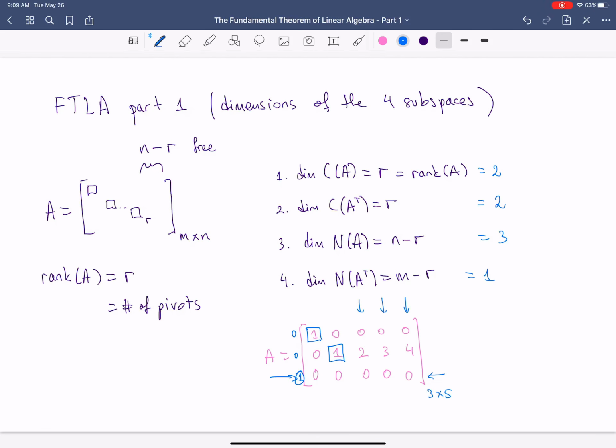So what I'm trying to say here is, don't try to memorize this theorem, but rather to understand where it comes from.